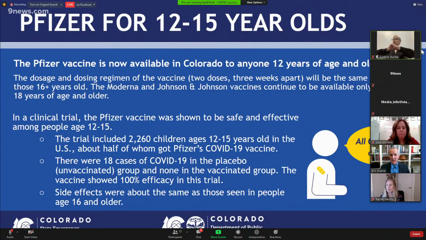Those who received the vaccine, the 1,100 some children, had no cases of COVID, whereas there were 18 in the control arm. And there were no signs of any serious adverse events. The common side effects, such as headache and fever, swelling, arm pain, all mimic what we see in older groups. So it's great news. And I know even today we've started vaccinating children 12 to 15. Next slide, please.